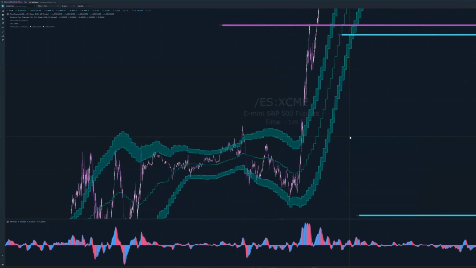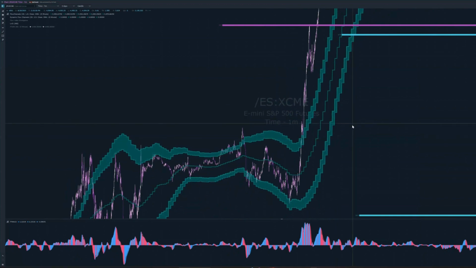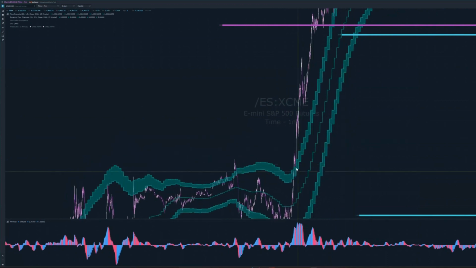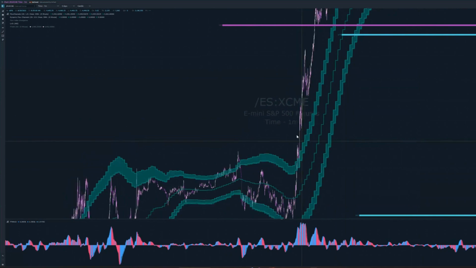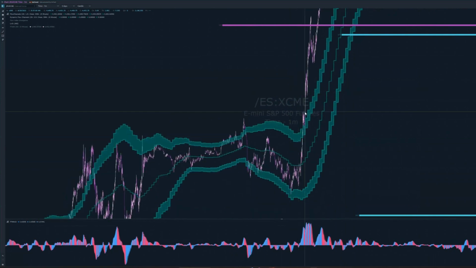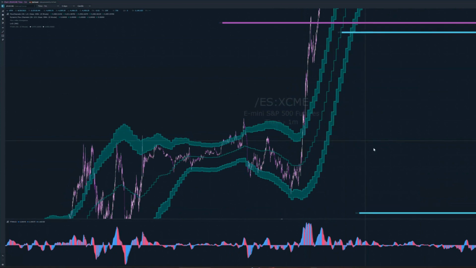But primary alignment means, at bare minimum, your 4 hour and your daily MACD are in the same direction. When they are, that's when you're going to be able to push like this. If your weekly is still against you, it's going to have a higher probability of snapping back. That did not happen yesterday and today, but we'll talk about why in just a second.